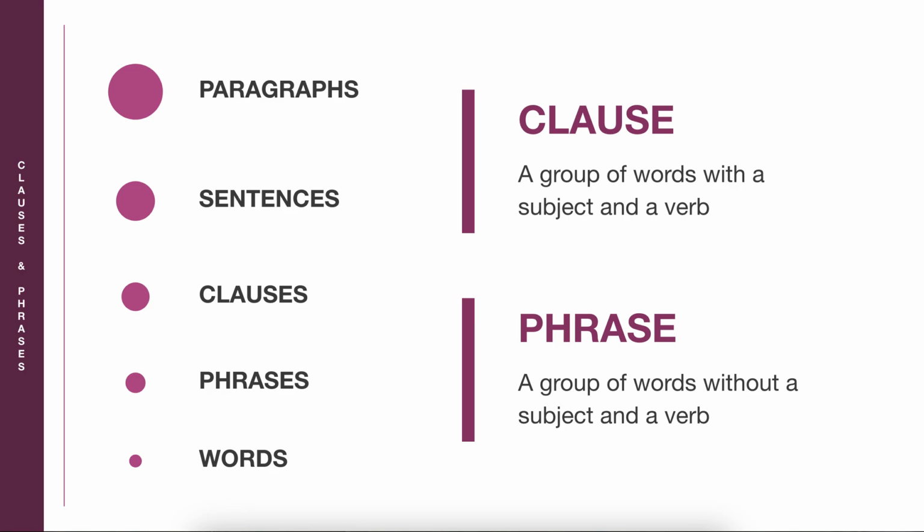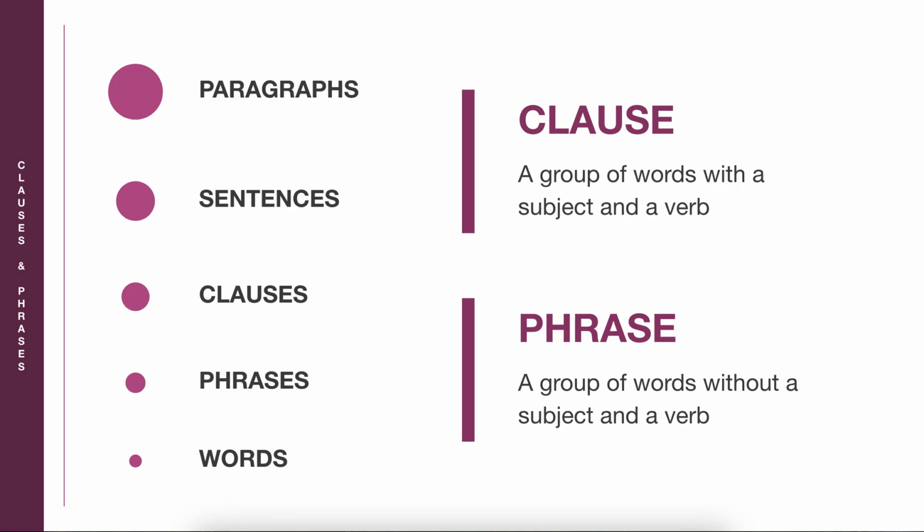And a group of words together without a subject and a verb is a phrase. Now, the next level up, though, is once we've added in a subject and a verb, so an action that's taking place and someone or something doing that action, then we have a clause. The only difference between a clause and a phrase is that there's a subject and verb inside of a clause and there isn't inside of a phrase.